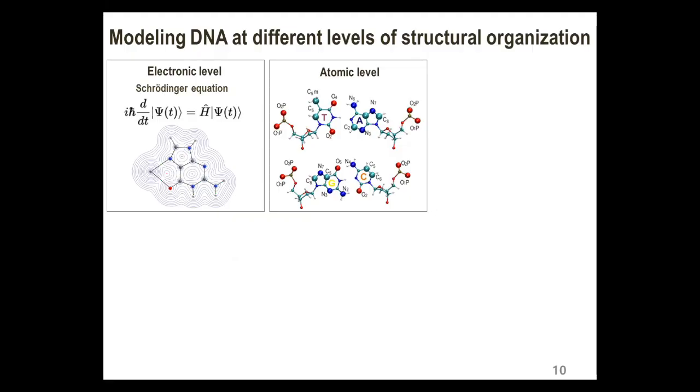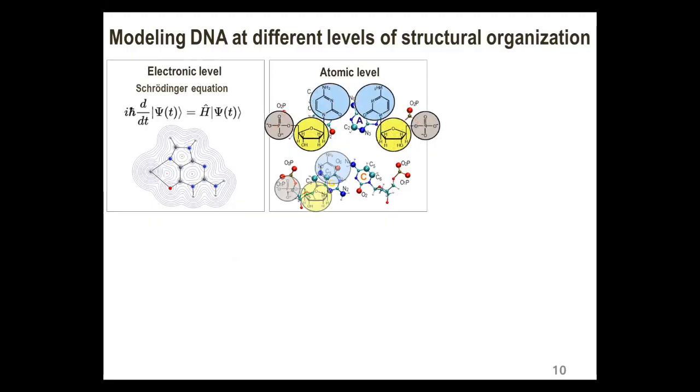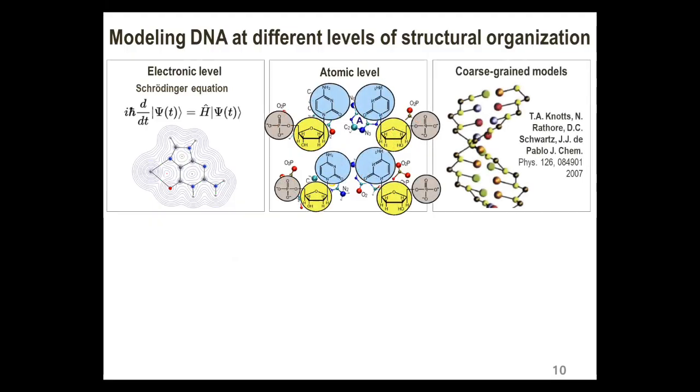And this approach is also well developed and can be used for rather large systems. And if we want to describe a larger system, we need to build coarse-grained models. So we have to group the atoms into separate masses, and we have to describe the interaction between these groups of masses. So these are coarse-grained models, which allow us to model larger DNA molecules on a larger time scale.